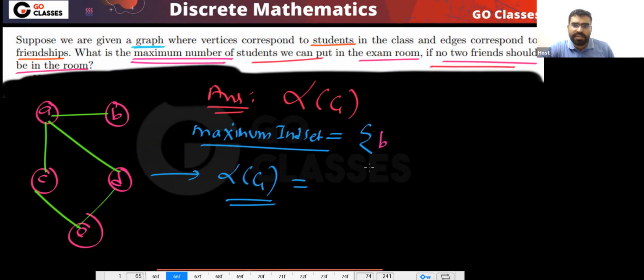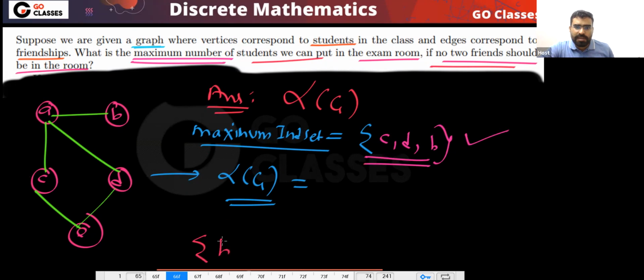Then size 2 I will get. So what should I do? I can take C, D, B. Yes, so this is the maximum independent set you can create.